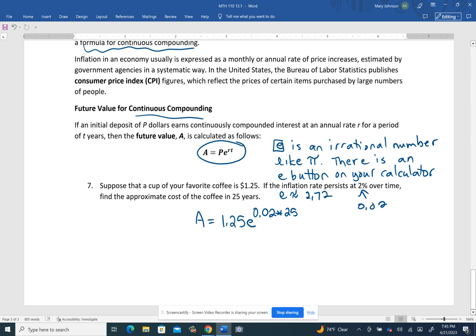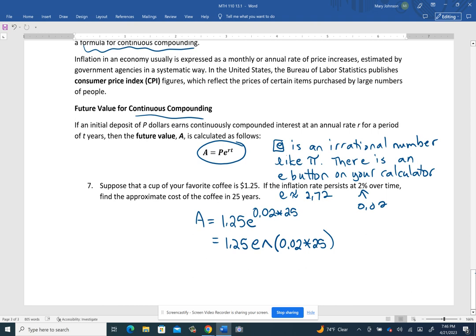When you type this in, I love the way my calculator does it. When I select the E, it comes up with the caret key and the left parenthesis for me, which is great because I need to be sure my order of operations is being done like it should. You need that 0.02 times 25 to happen before you do E raised to that, so use those parentheses.